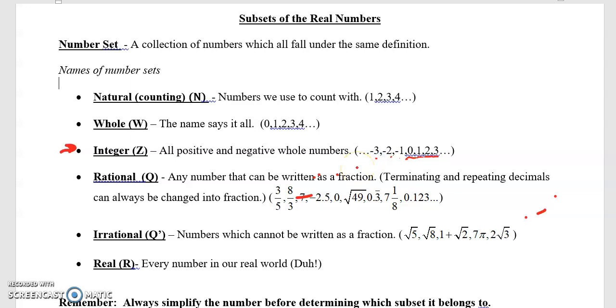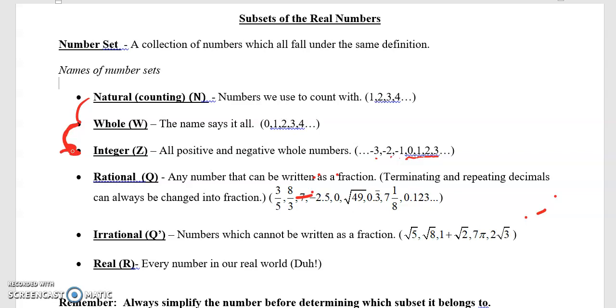But notice, since whole numbers can't be fractions or decimals, integers can't be fractions or decimals. So every whole number is also a member of the integers. If I have a natural number, I know that natural number has to be a whole number, but since it's a whole number, it also has to be an integer.